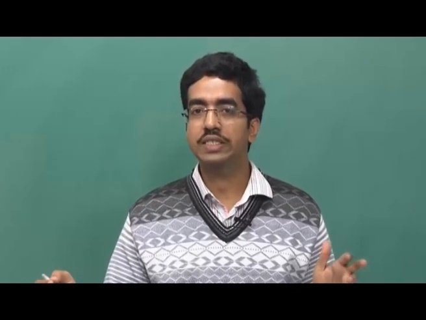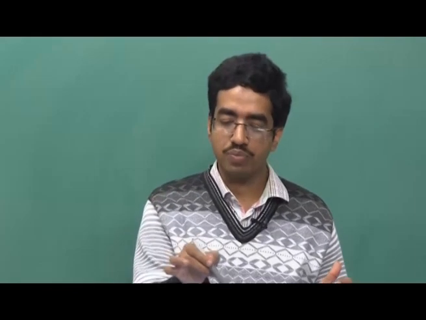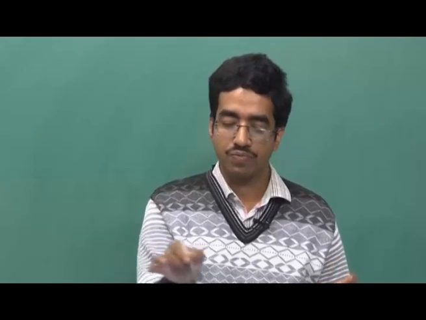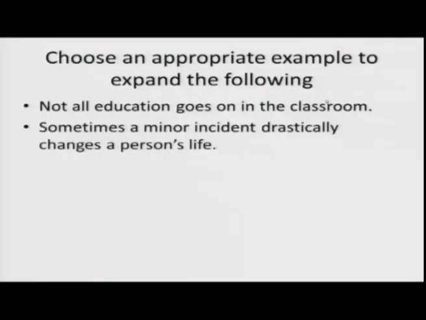Then you give a clear example. Say you learned how to deal with people. Say you visited Temple Town, you had to deal with people there, you didn't know the local language, somehow you managed. That gave you confidence. That is how that example can strengthen this point.